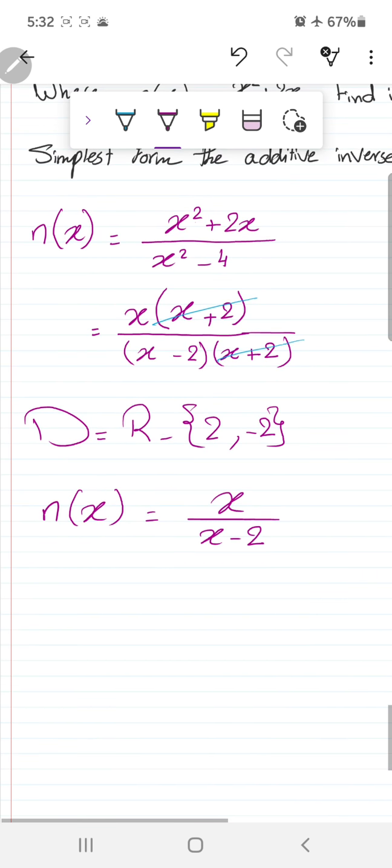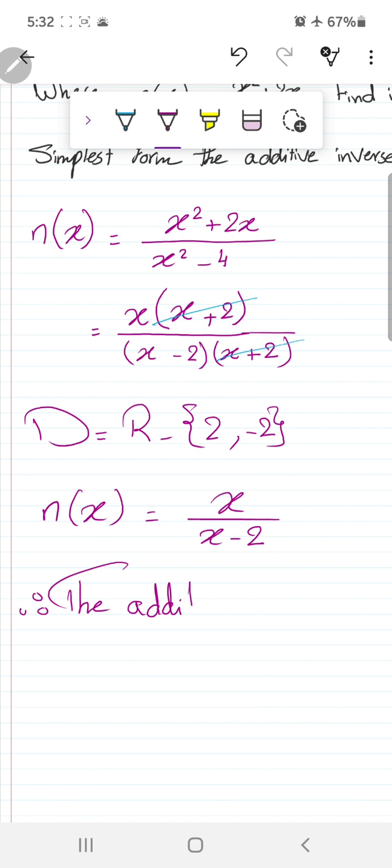Get the additive inverse. Here, the additive inverse of n is, as we said, we have three forms. Write negative in the line like this, negative of x over x minus 2.